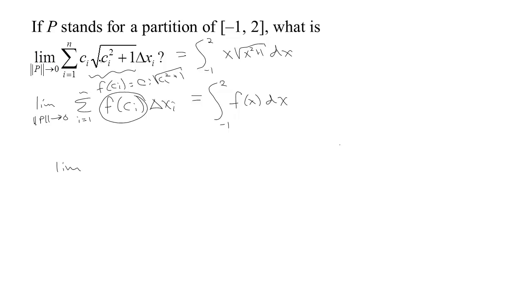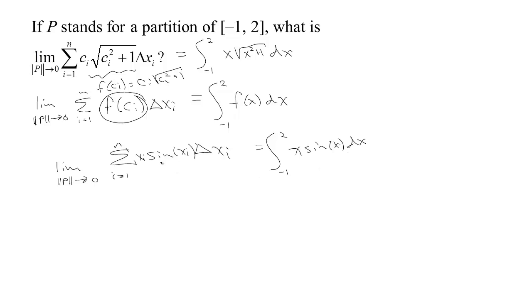Sometimes we're a little bit sloppy about the notation here. We could use some other letter for the representative, of course, and sometimes we just use the variable itself. So if you saw the limit as the norm of the partition tends to 0 of some sum of maybe x i sine x i delta x i, and that was the partition of -1 to 2, then you'd get the integral from -1 to 2 of x sine x dx.